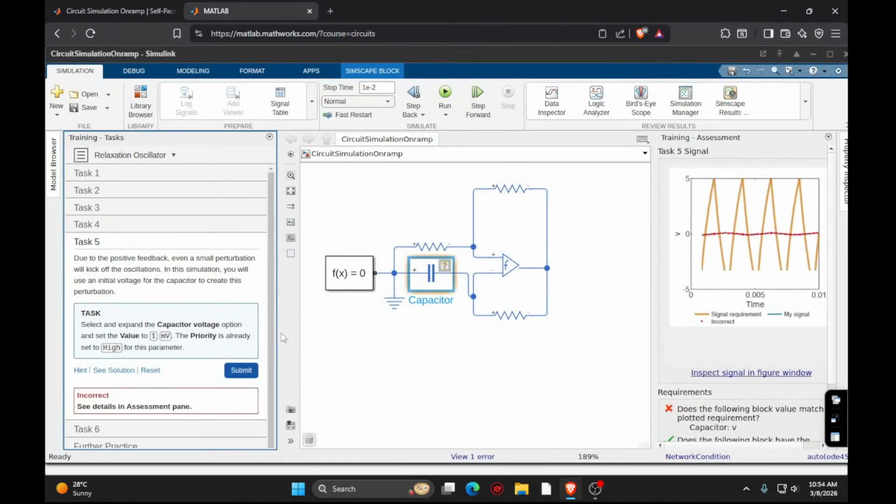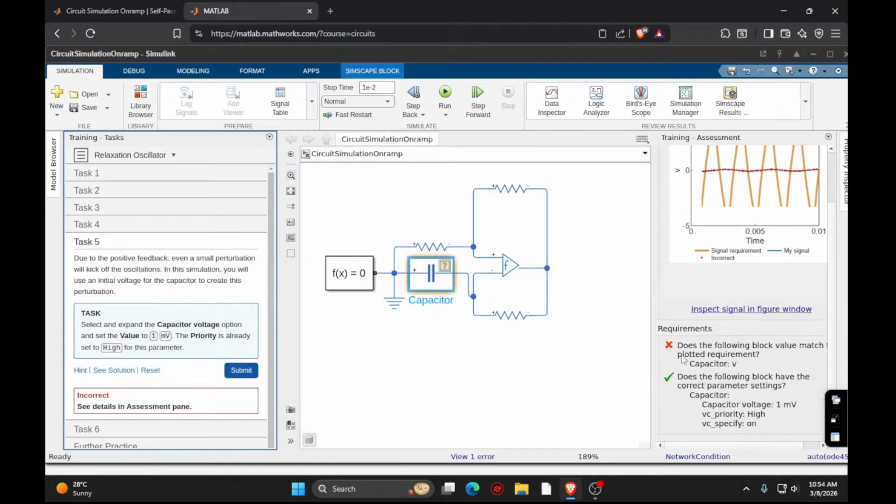That is giving the problem here. The capacitor value is already set to 1 millivolt. Does the following block value match the capacitor voltage?